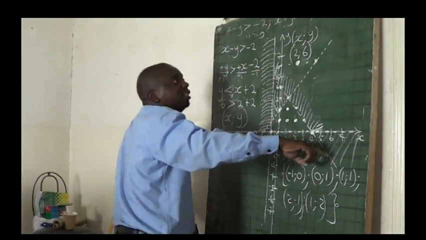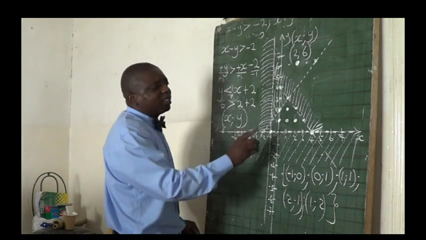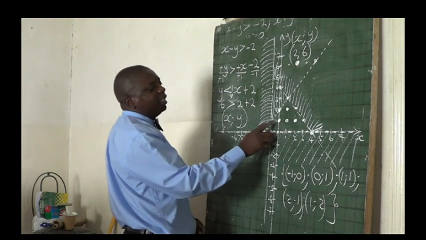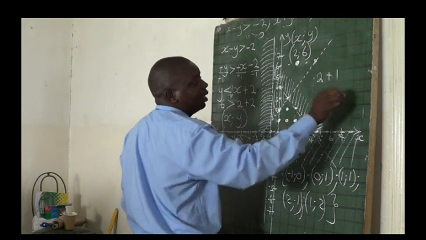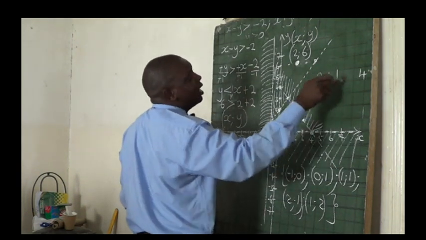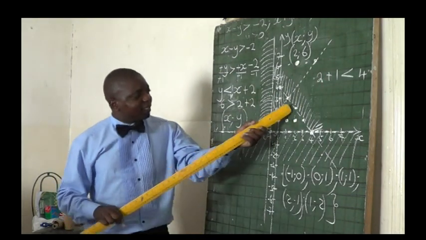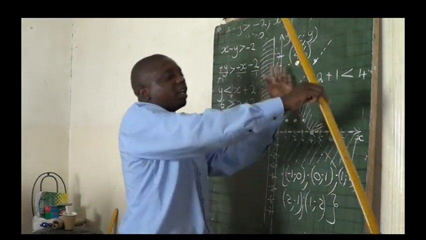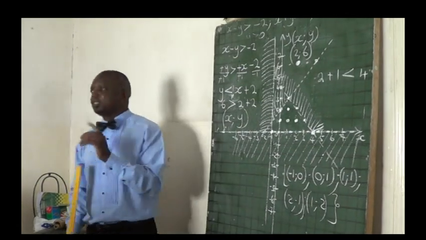Testing it in the inequality x plus y is less than 4: x is 2 plus y is 1, which gives 3, which is less than 4. So yes, the side where we took the point is the required one, which means we shade the opposite side.